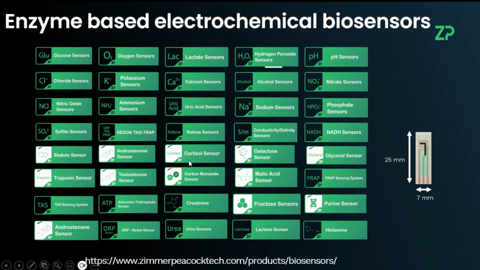Now at ZEP, we do have a whole range of assays on our website. Many of these assays are enzyme based. So we've got a glucose assay, a lactate biosensor, a hydrogen peroxide biosensor, an alcohol biosensor, a uric acid biosensor, a ketones biosensor, an androstenone biosensor, a cortisol biosensor, a galactose biosensor, a glycerol biosensor, an ATP (adenosine triphosphate) biosensor, fructose, urea, and lactose.